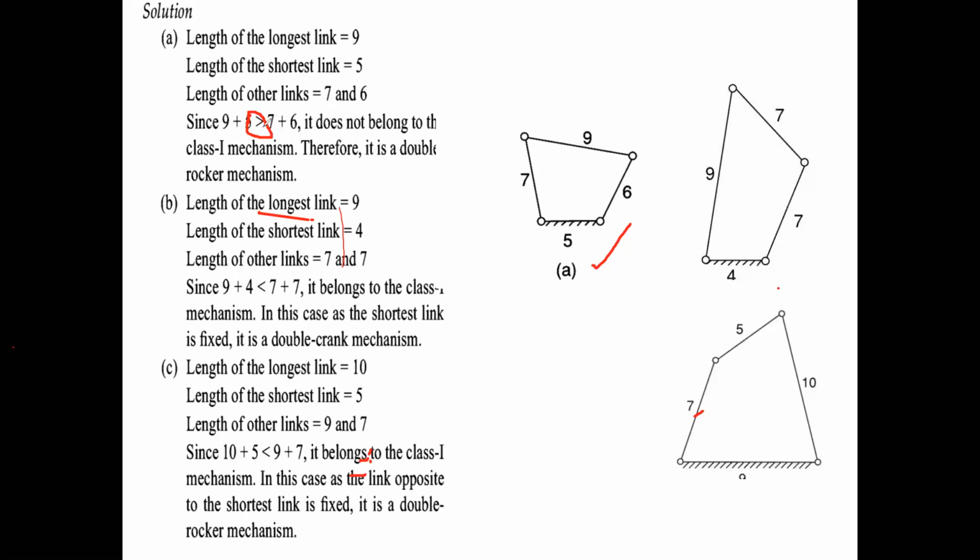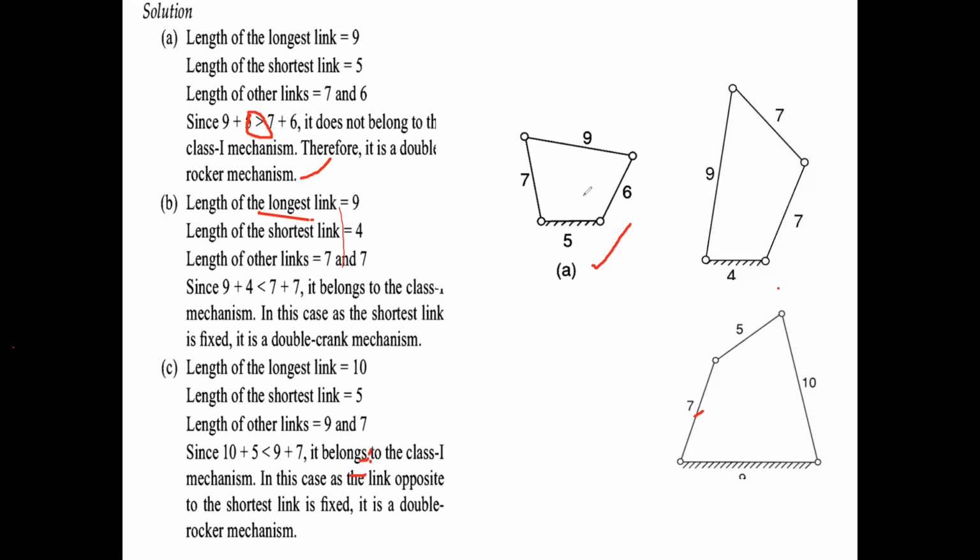But here it follows greater than. So what type of mechanism is it? This is a double rocker mechanism.